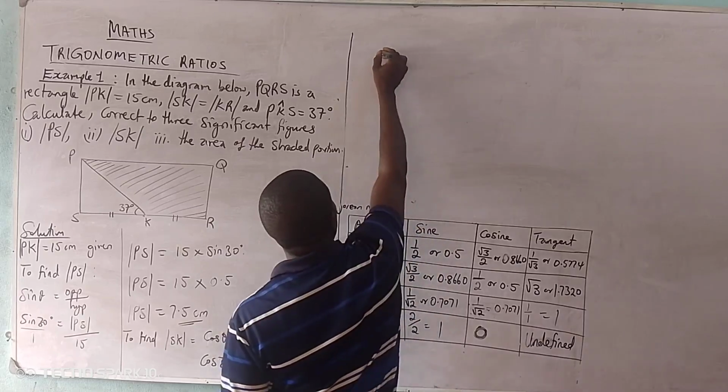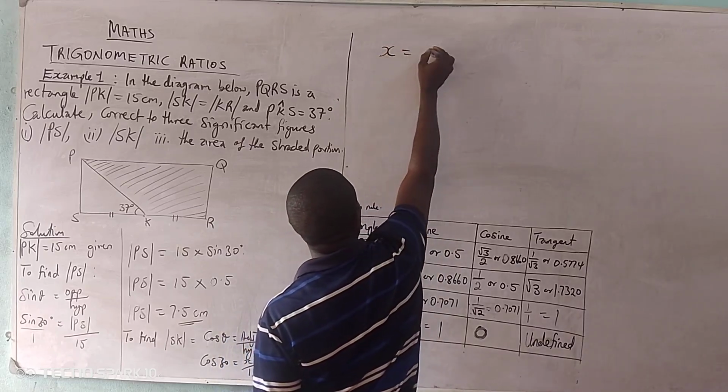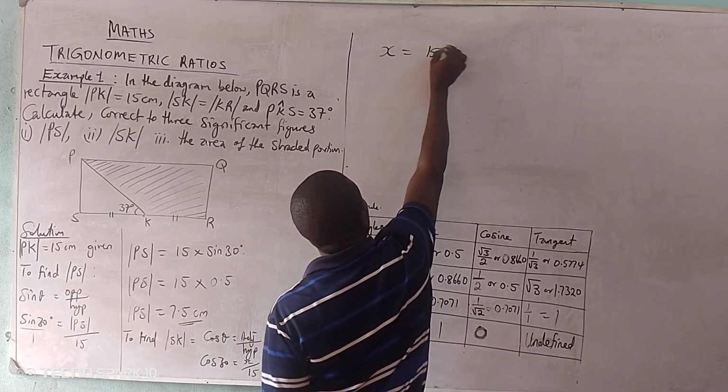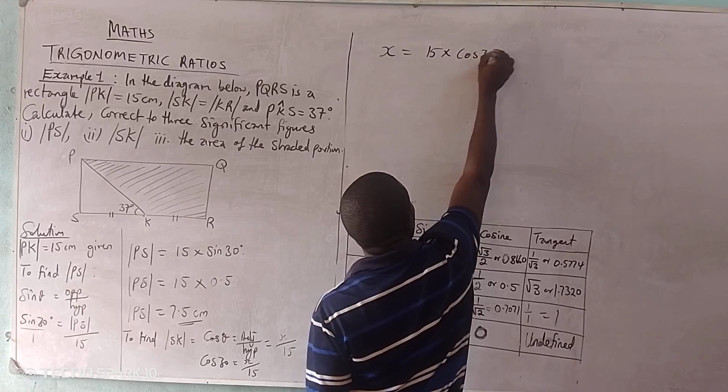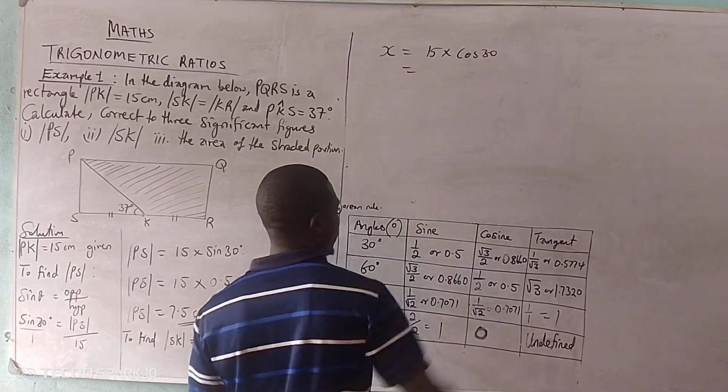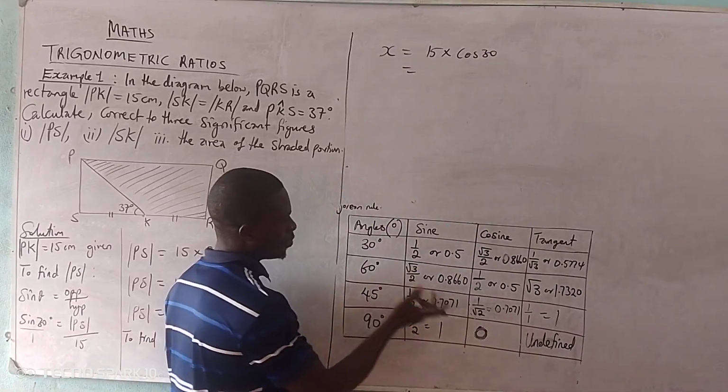So x, cross multiply, we have x is equal to 15 times cos 30. What is cos 30 from the table?